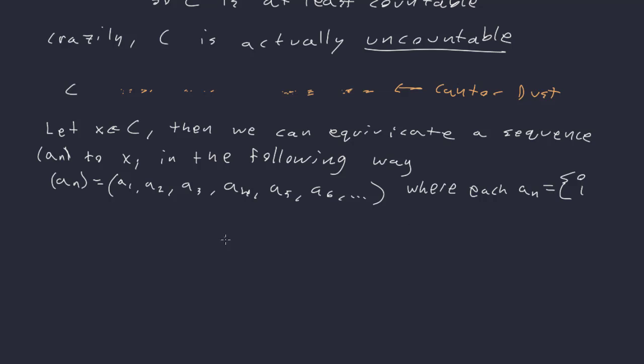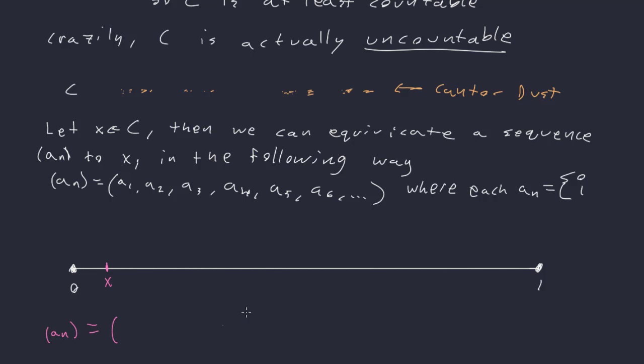Now, here's how we assign it. Okay, so let's go back to our 0 to 1. Let's say our x value lives here, right? Now I want to assign its sequence a_n. So here's how we do it. When I jump to C1, we remove the middle third.